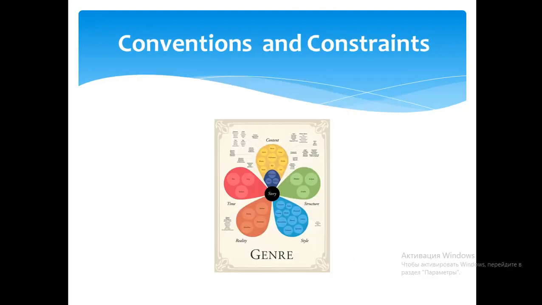Conventions and constraints. Because genres are about getting things done, the way they are structured and the kinds of features they contain are largely determined by what people want to do with them. The kinds of information I might include in a job application, for example, would be designed to convince a prospective employer that I am the right person for the job.